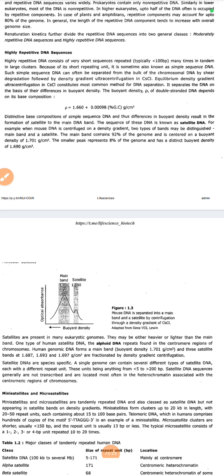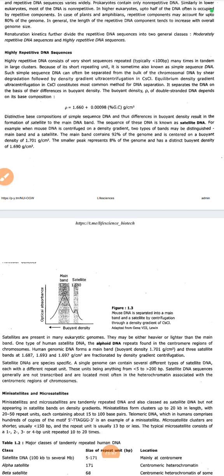There are distinctive base compositions of simple sequence DNA, and their difference in buoyant density results in the formation of a satellite to the main DNA band. Since there is a difference in buoyant density, which results in the formation of a satellite, the sequence of this DNA is known as satellite DNA.